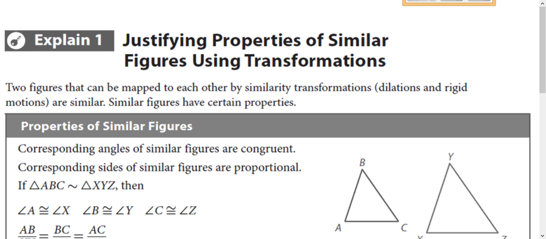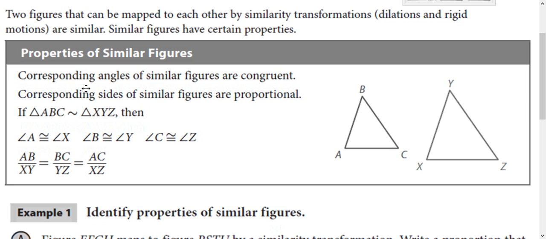So if two figures can be mapped onto each other with similarity transformations like we did in the last unit, we could do translations, reflections, rotations, and dilations. If they are similar, they have these properties: the corresponding angles are congruent, and corresponding sides are proportional. So here we have two similar triangles.